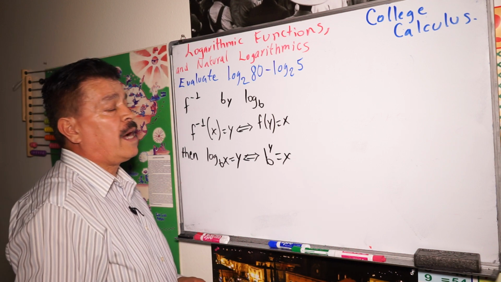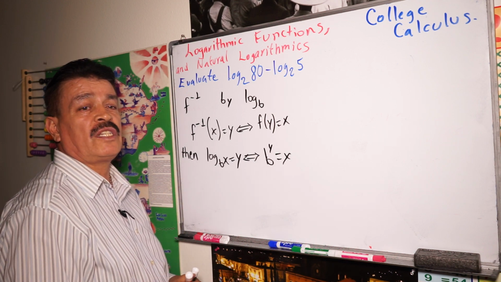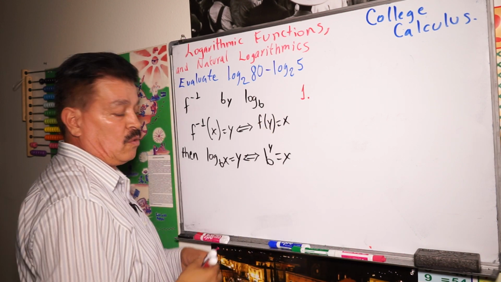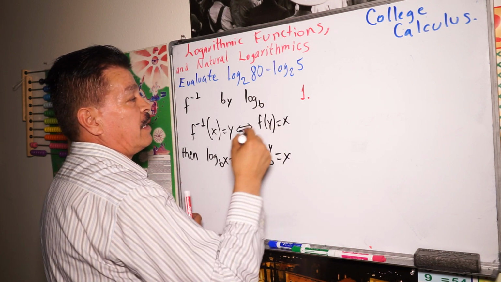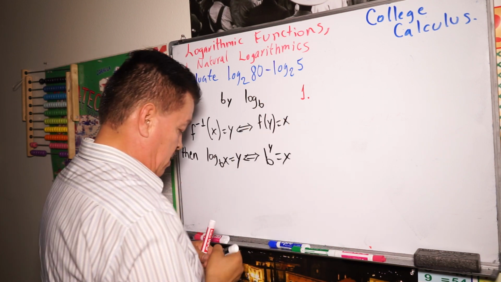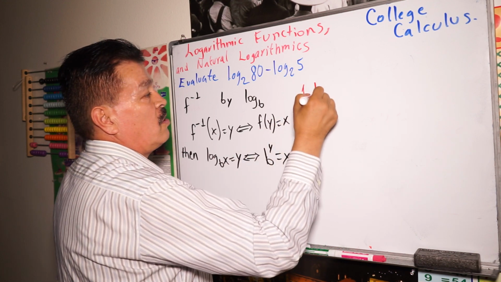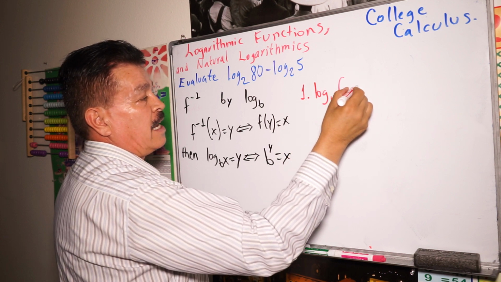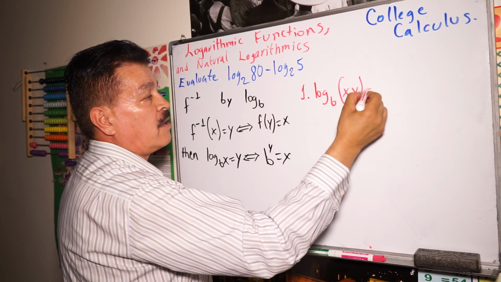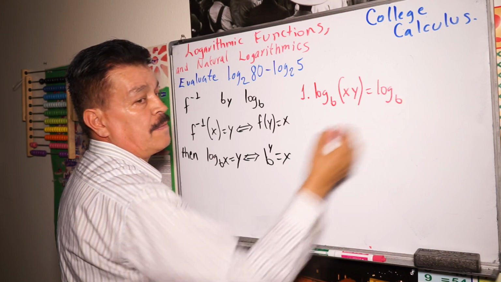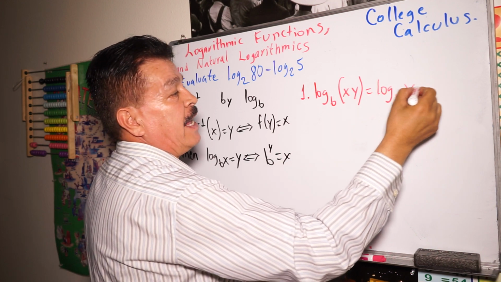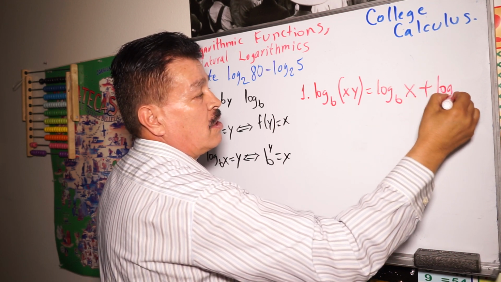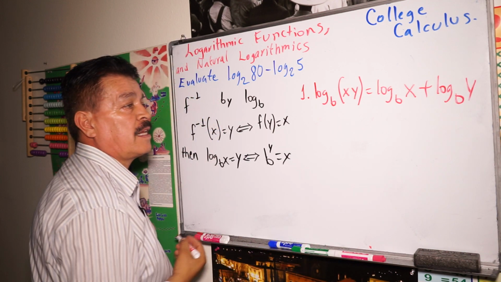If x and y are positive numbers, then we have law number one: log b of x times y equals log b x plus log b y. This is number one.